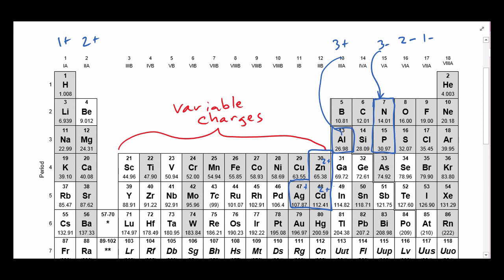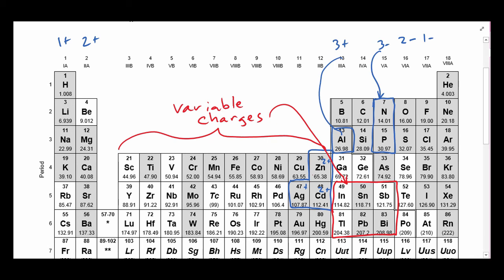And then over these here where it appears as if these would all be fixed, there's actually a number of these here which have variable charges. And I'll once again color code these. These here also have variable charges in addition to the transition elements.